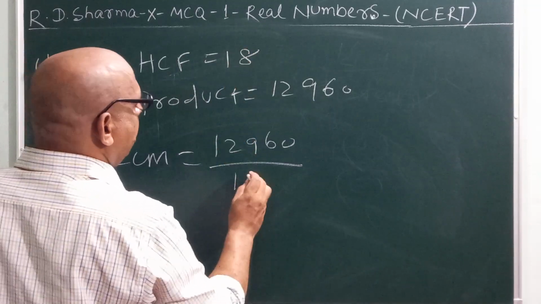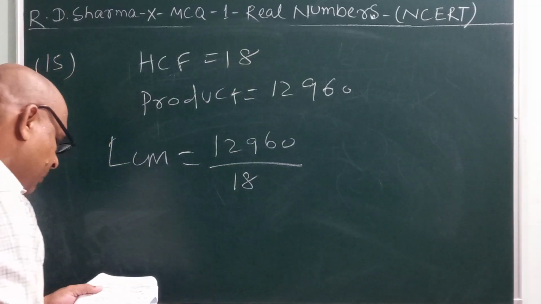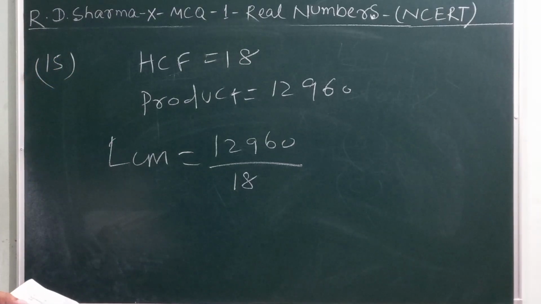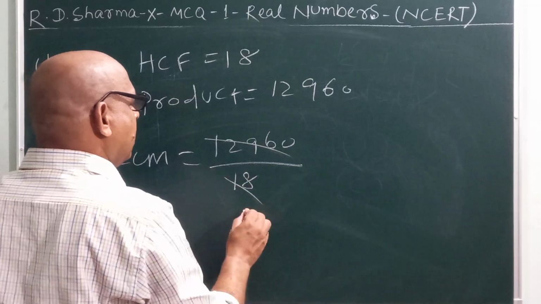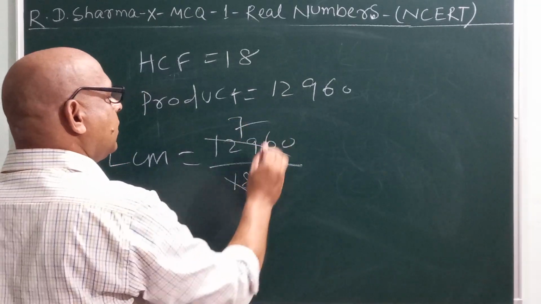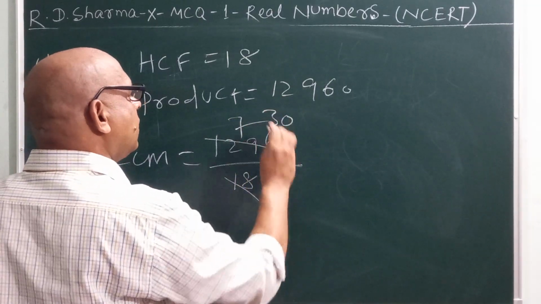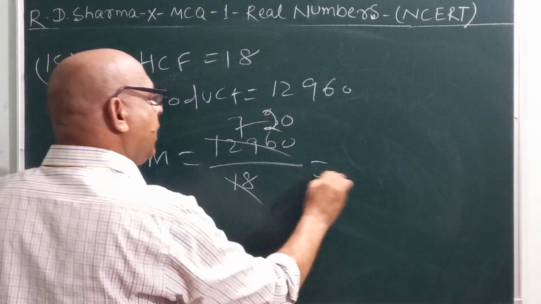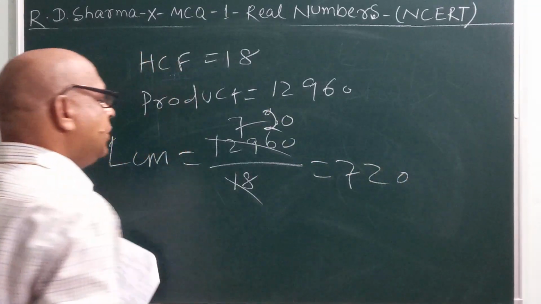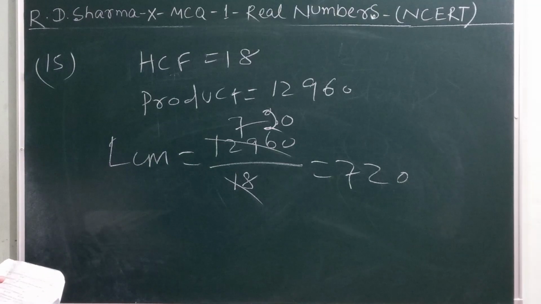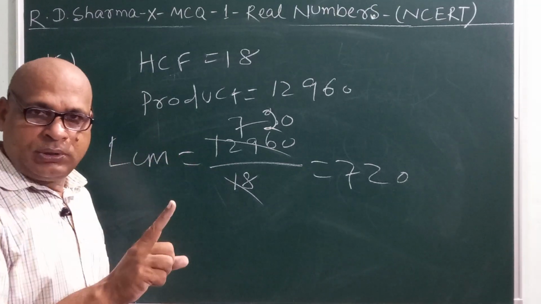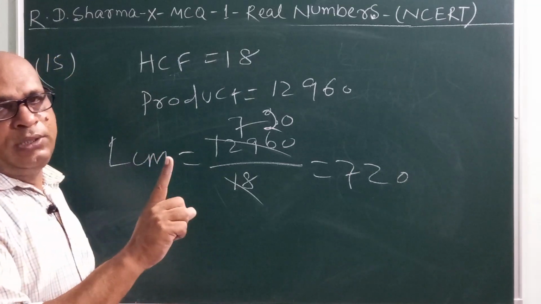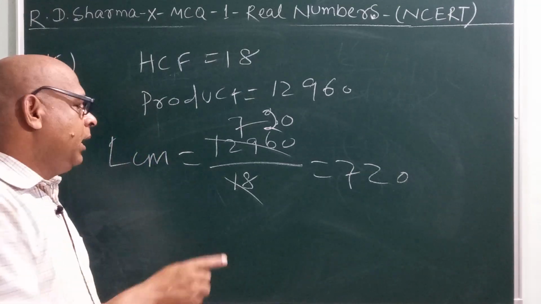HCF is 18, so the LCM is 720. Clear? LCM equals the product of the numbers divided by HCF.